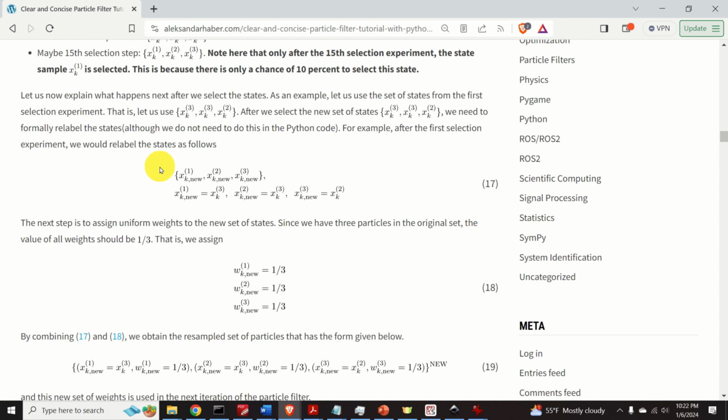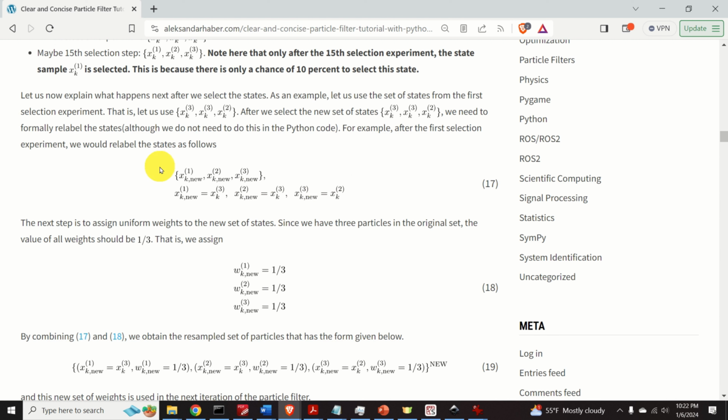Here is the function that implements the systematic resampling. Due to the brevity of this video tutorial, we will just make several comments about this function. This function will be explained thoroughly in our future tutorials. The input to this function is this array, called weight array. This array stores the weights of all the particles.